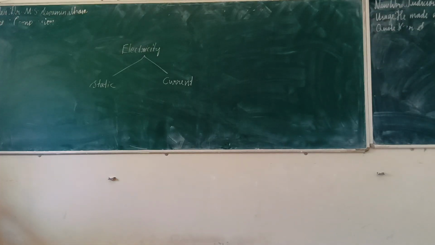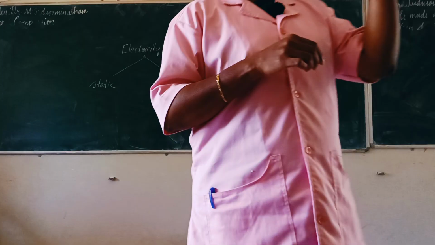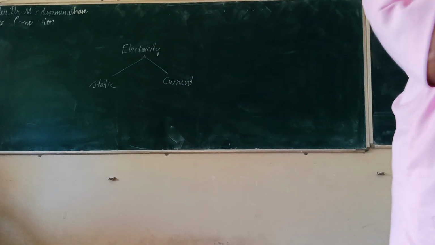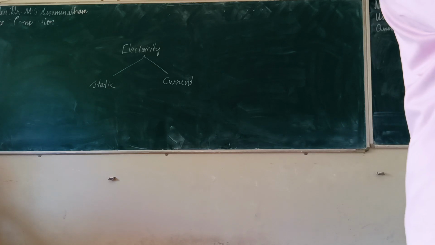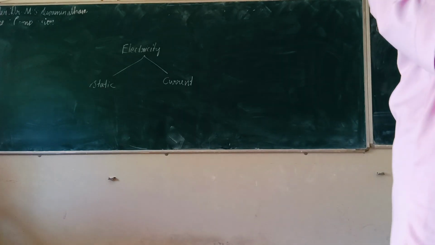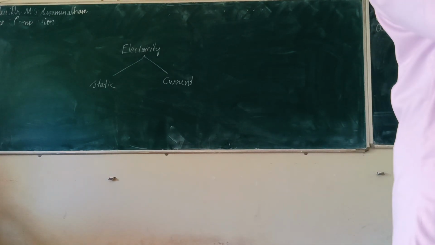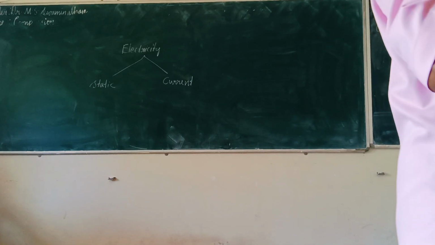Let us consider a conductor. So this is a conductor, okay? In this conductor, this is the cross-sectional area. Am I right? So when the electrons are moving, they pass through this cross-sectional area, right? In this area, some amount of charge will flow for some particular interval of time, isn't it?